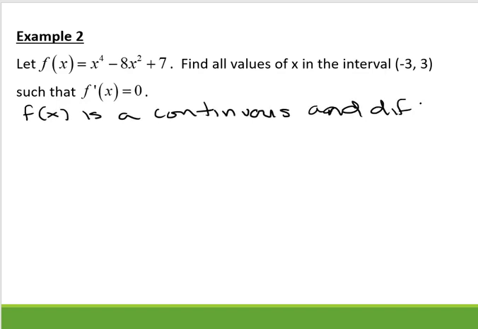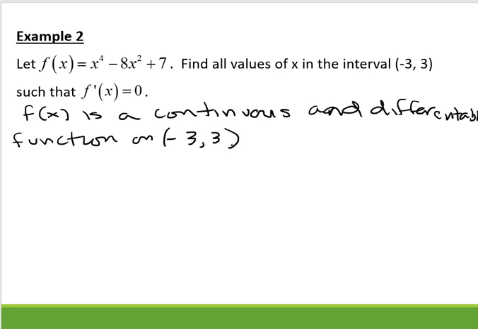Can I fit it in? Oh, I didn't fit it in. Function on -3 to 3. F of -3 equals 0, which equals f of 3. Sorry, for some reason, I don't know why it's writing so weird.